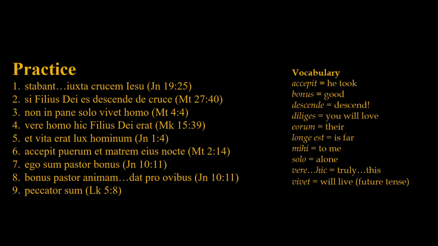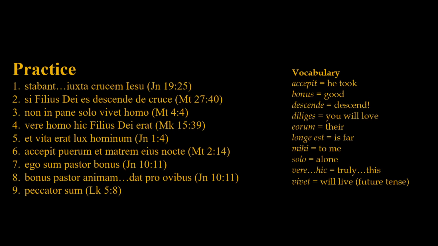Number 3: Non in pane solo vivet homo. So homo, there's a good third declension noun there. So homo non vivet, man will not live, vivet in the future tense here, man will not live in pane solo. I think we'd have to change that into by bread alone.